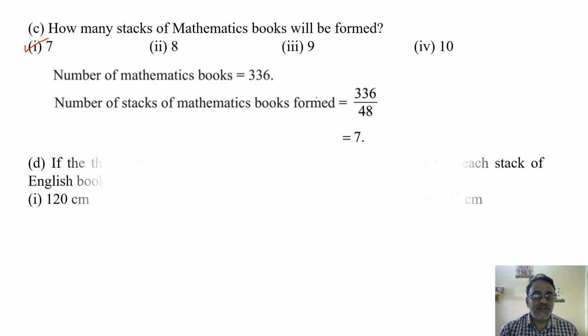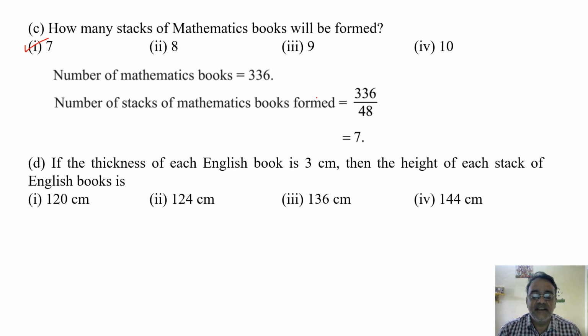Now the next question, if the thickness of each English book is 3 centimeter, then the height of each stack of English books is dash. So just now we have seen that in one stack 48 books are there and the thickness of each book is 3 centimeter. So we have to multiply.